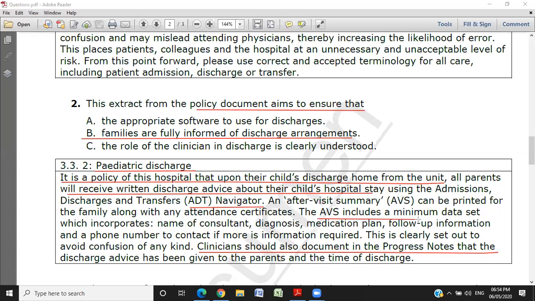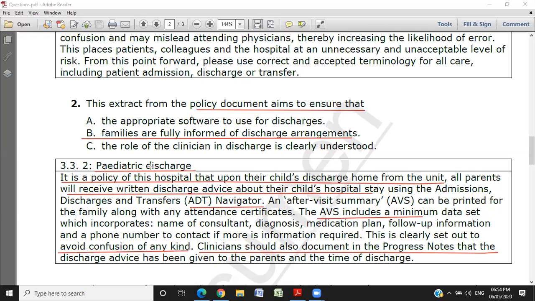What information should they include in that? And it should be written in a way which is not causing any confusion. So this is basically written to tell the clinicians how they are supposed to ensure that the family or the parents are aware of the discharge arrangements.